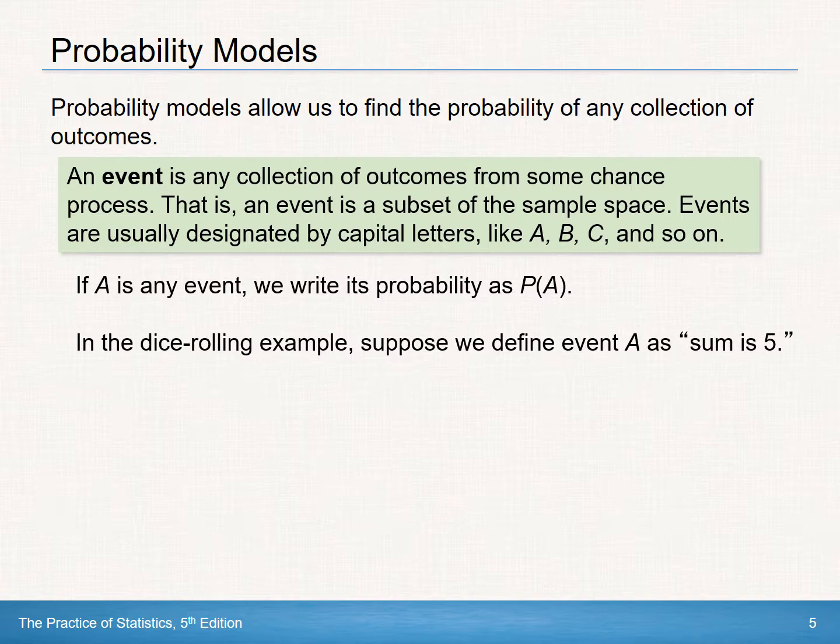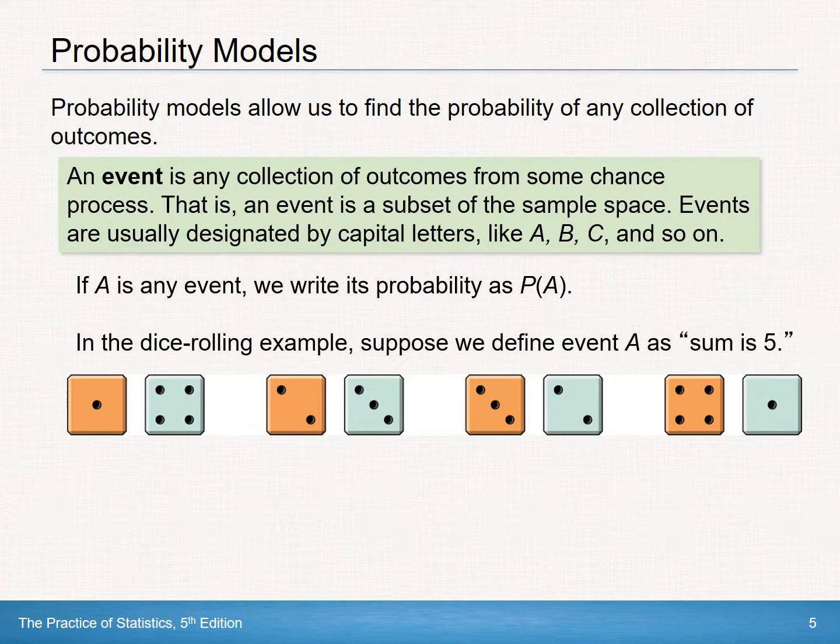So if we're talking about the dice example, suppose we define event A as getting a sum of 5. For the sum of 5, there are 4 possible outcomes that occur in our chart where we get a total of 5 on the dice.